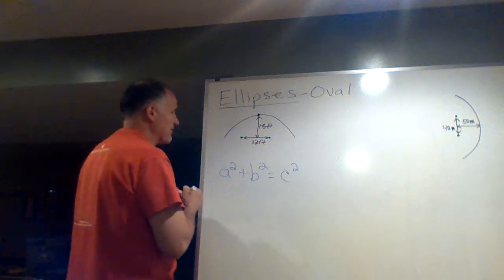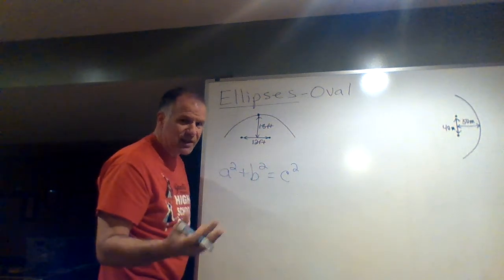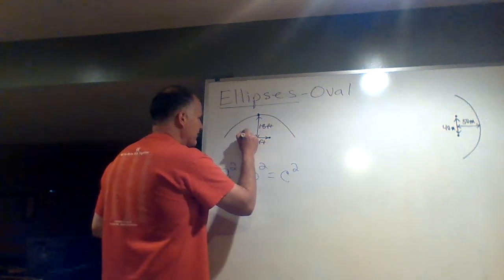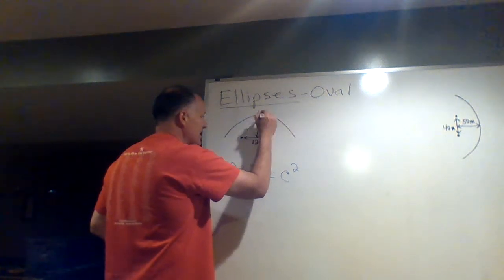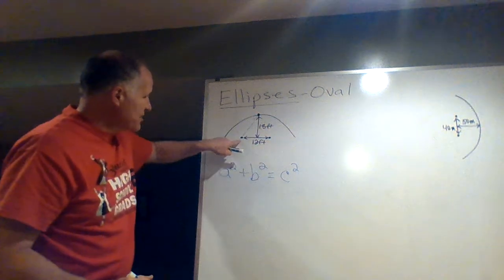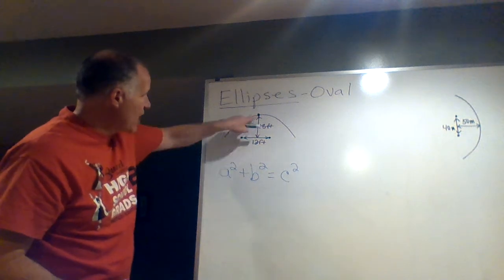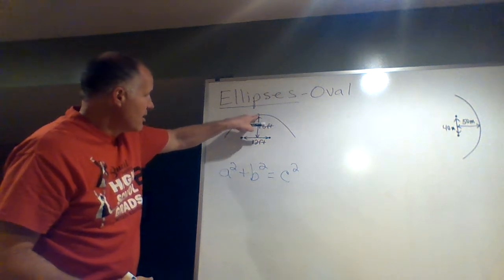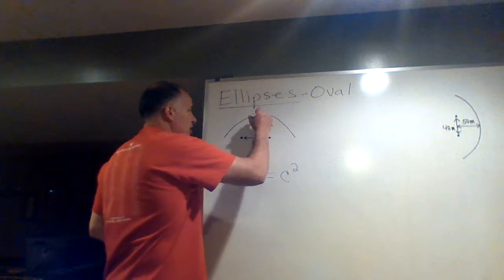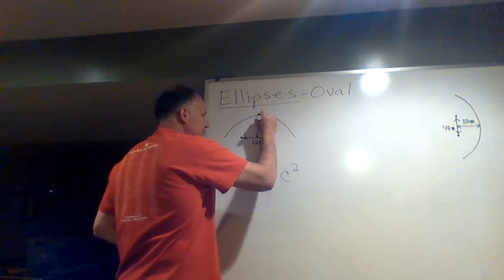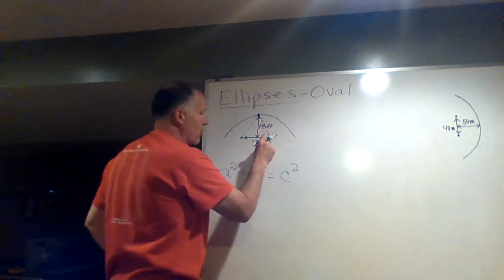So what we have, similar to what we did on the last video, I have a reflection right here. So light, if there was a light here and it shot up to that mirror, it's going to reflect back down to this other focal point right here.